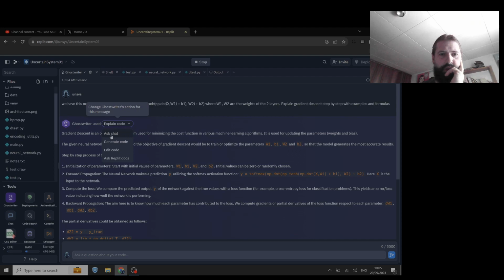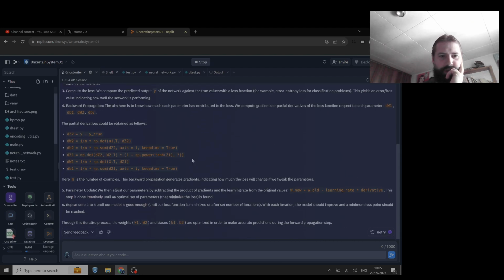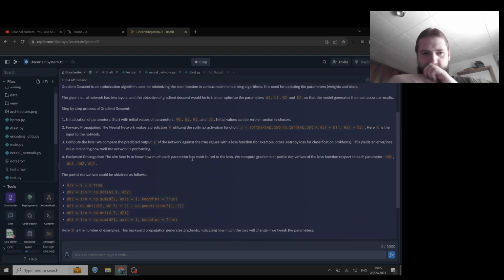Chat, that's actually a good answer. That's probably from the docs. I'm curious. It seems like a good answer so far. How much each parameter has contributed to the loss. We compute gradients or partial derivatives of the loss function with respect to each parameter of the loss function, right?